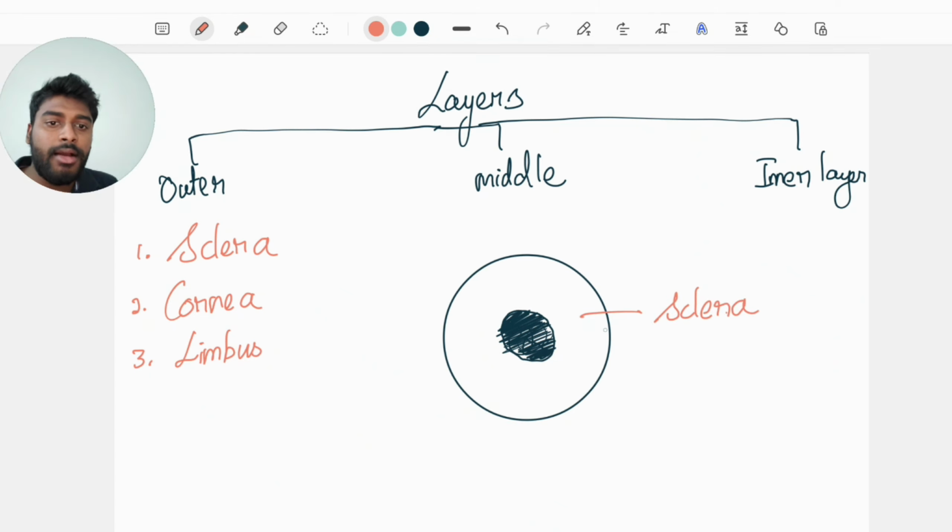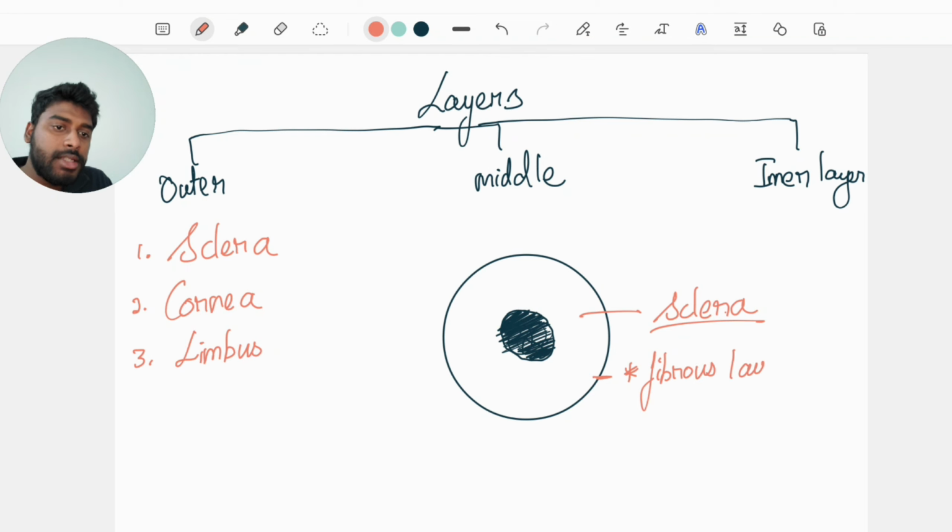The sclera is also called the fibrous layer. Then the sclera extends from the cornea. This part is the cornea. It extends from the cornea to the optic nerve.